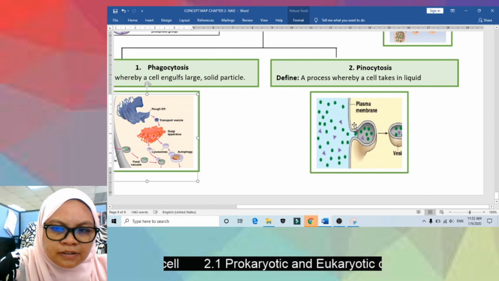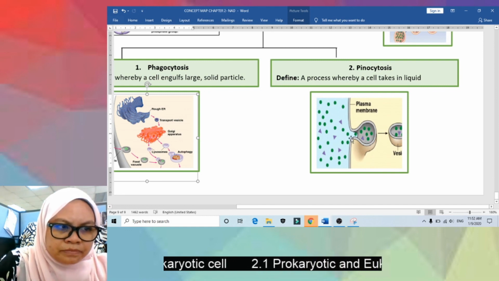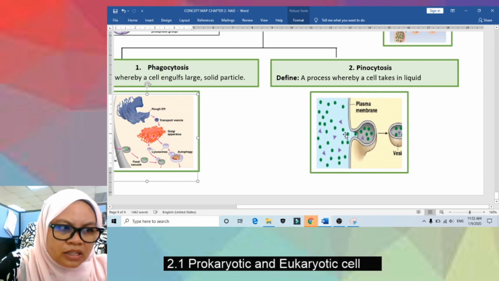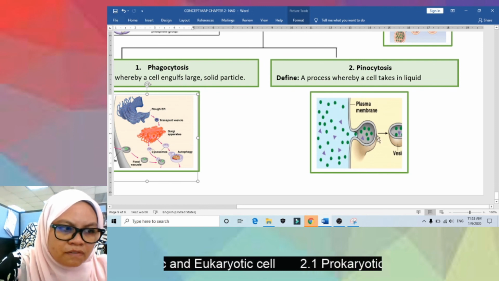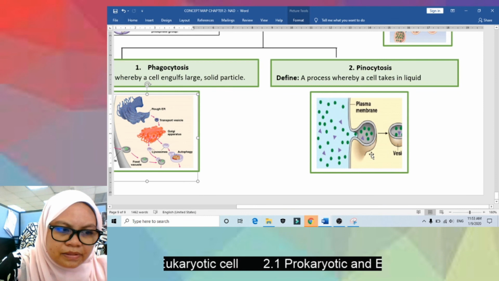As you can see here, the membrane of the cell will surround the liquid droplet, and then it may form a structure called a pinocytic vesicle. Then the liquid content of the vesicle is slowly transferred to the cytosol, or it will be directly absorbed by the cell.